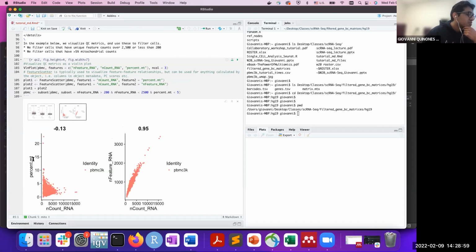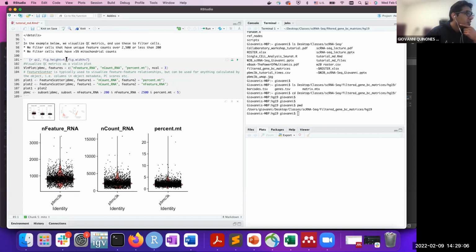If it looks too funny, like too narrow or too wide, you can change these parameters up here, figure height and figure width, to 4 and 7. That's what I'm using over here, so you get a nicer plot.